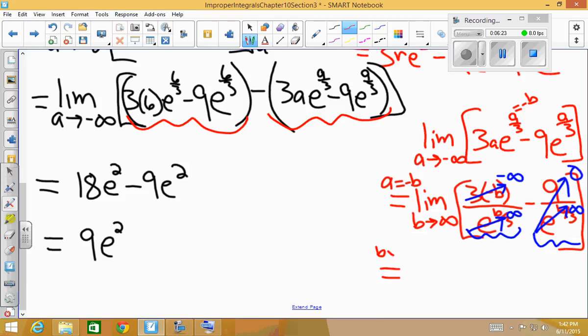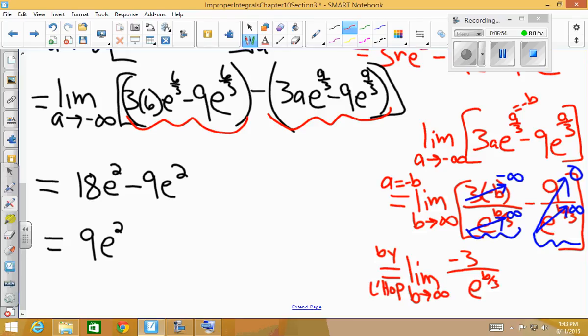By L'Hopital's rule, you should take the limit now of the derivative of the numerator. 3 times negative b, its derivative would just be negative 3, divided by the derivative of the denominator. Well, the derivative of e to the b over 3 would be e to the b over 3 times the derivative of the inside.